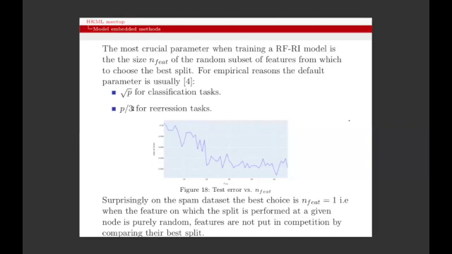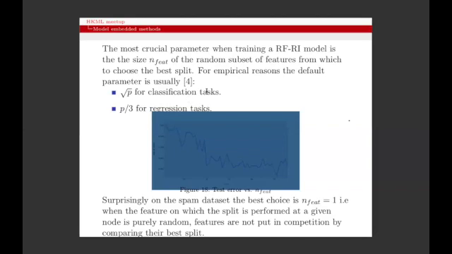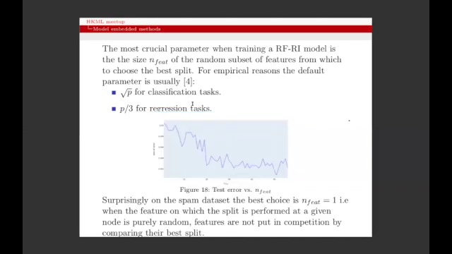For the spam dataset, I plotted below the test accuracy versus the number of features drawn. It is interesting to note that for this particular task, drawing a single feature for each tree gives the best results.